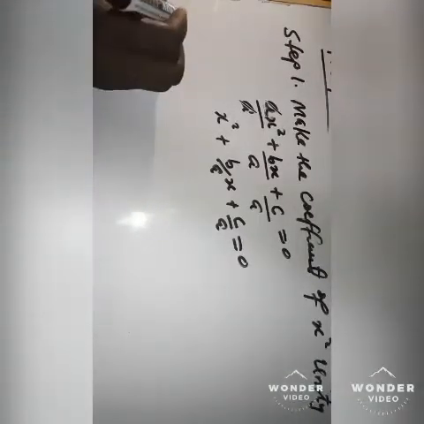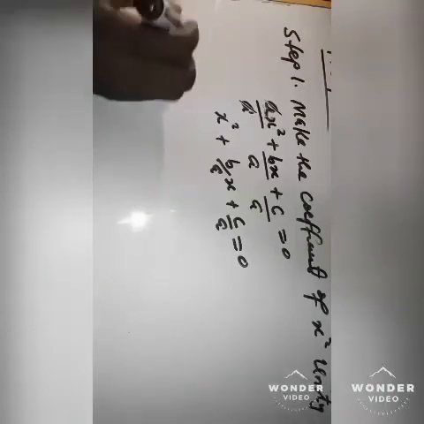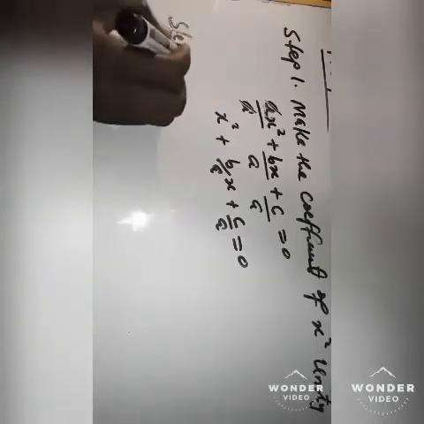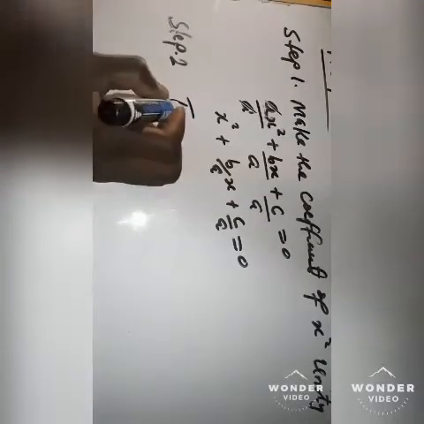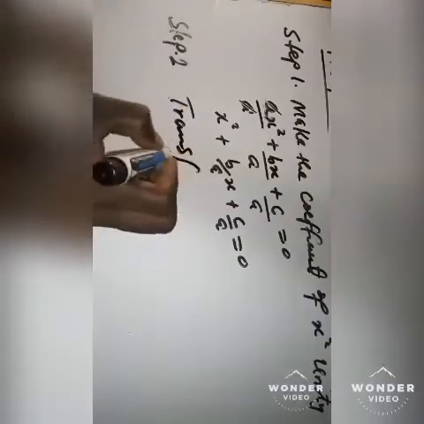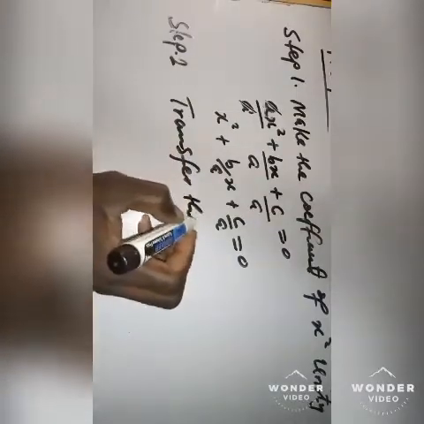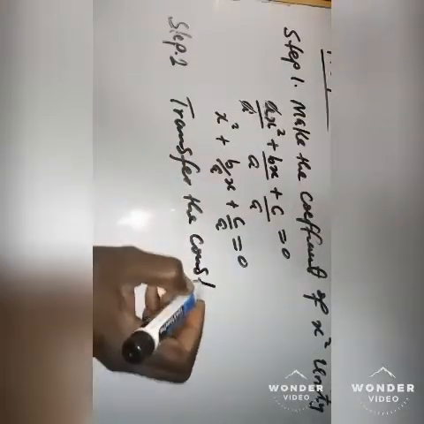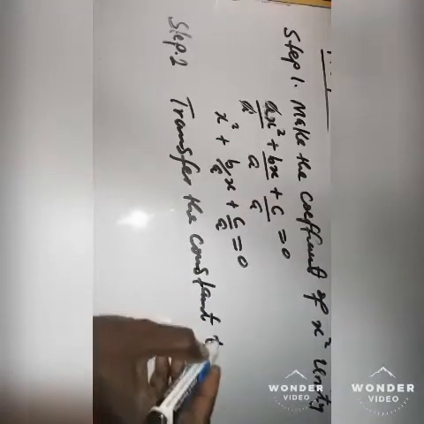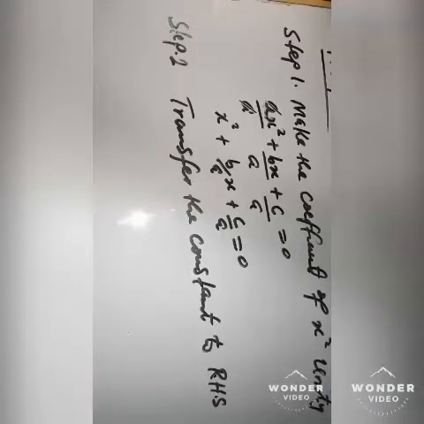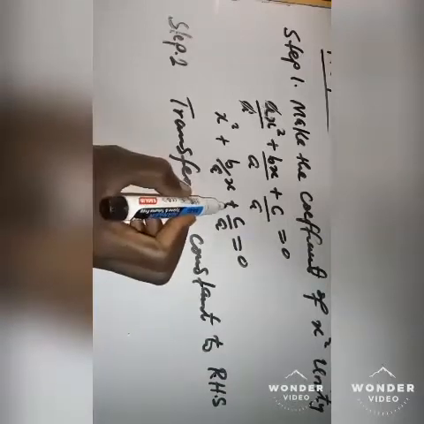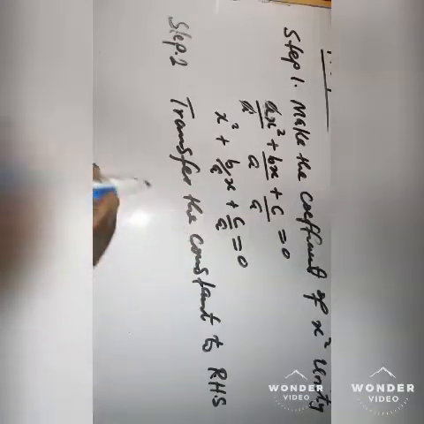So step number 2. We transfer the constant to the right hand side. We transfer the constant to the right hand side of the equation, and our constant is plus c all over a.